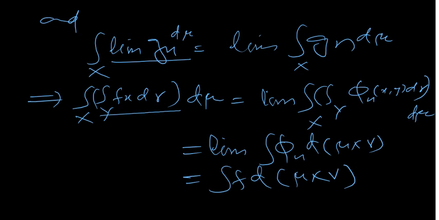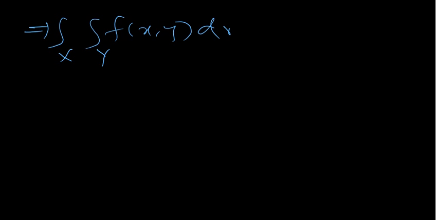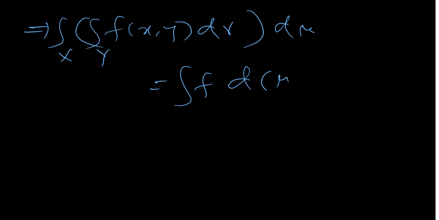So that means this implies the integral over x, integral over y, of f of x comma y d nu, then d mu, is equal to the integral of f d mu cross nu.